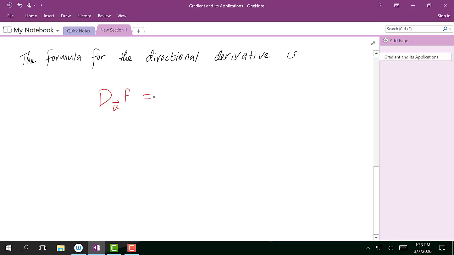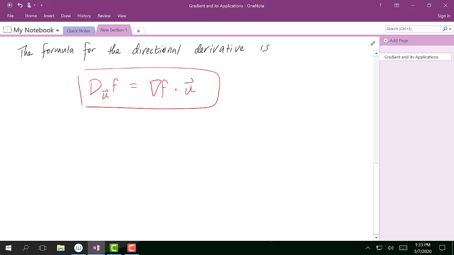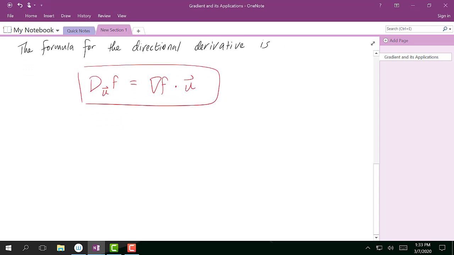And what this will be is the gradient of f dotted with my vector u. So this is what we're going to take as our formula for the directional derivative. And we'll go ahead and do some computational practice just to kind of get an idea.